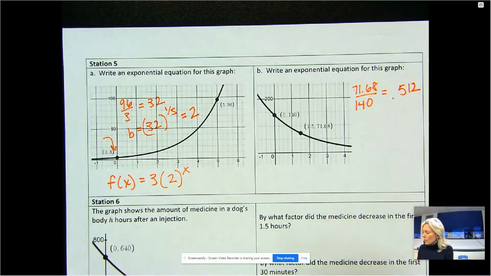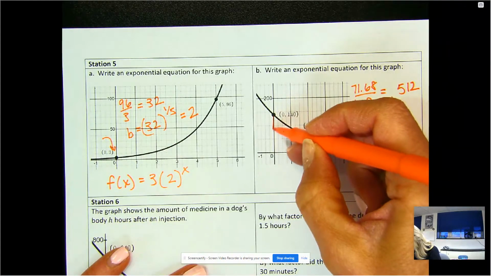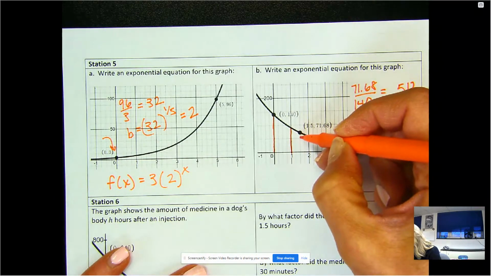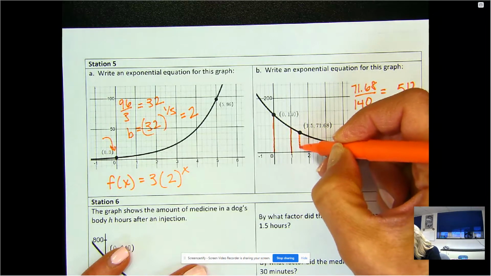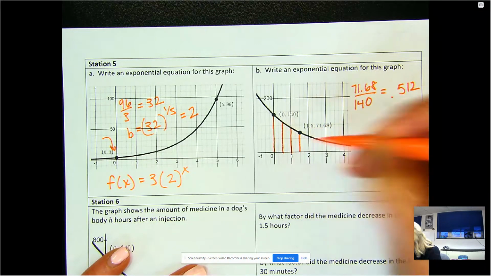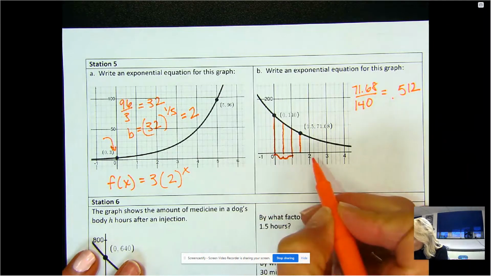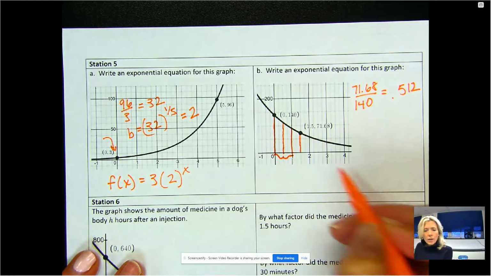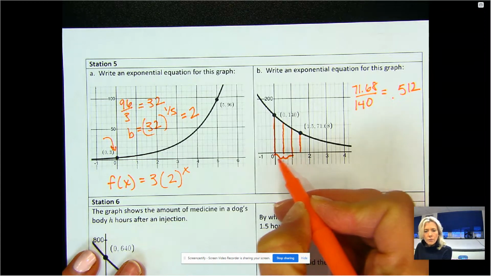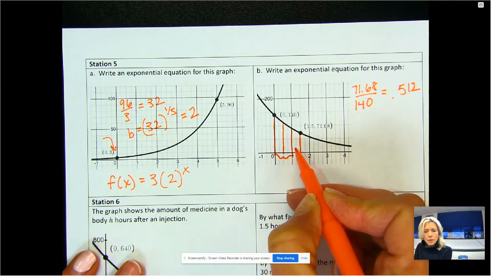Okay, so when I think about, well, an interval of 1, so I need the interval to be from 0 to 1. I currently have 0 to 1.5. See how I can split that up into 3 equal intervals? From 0 to 1 is 2 of those 3 intervals.